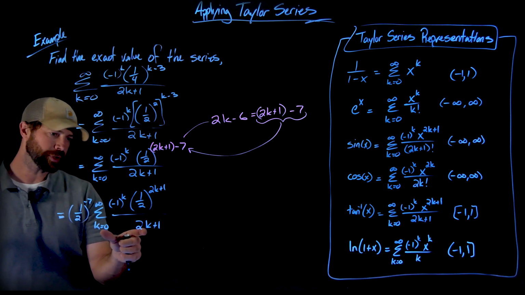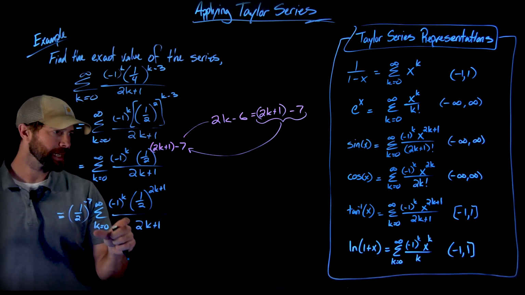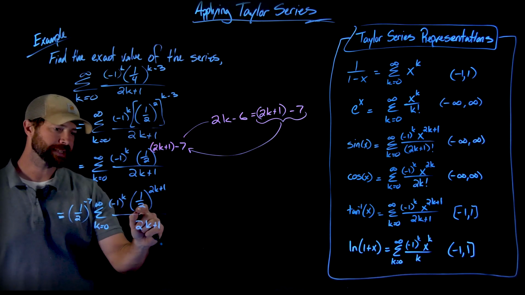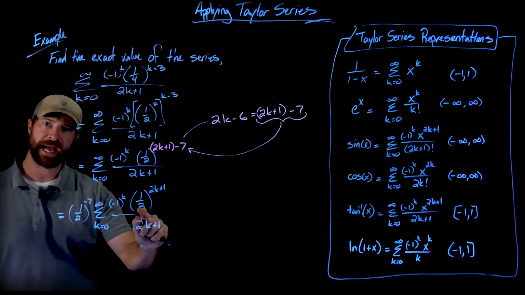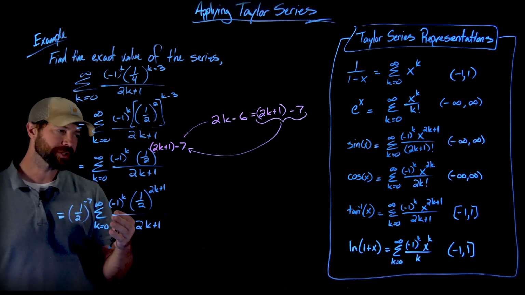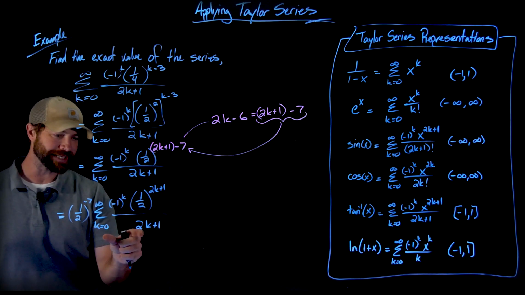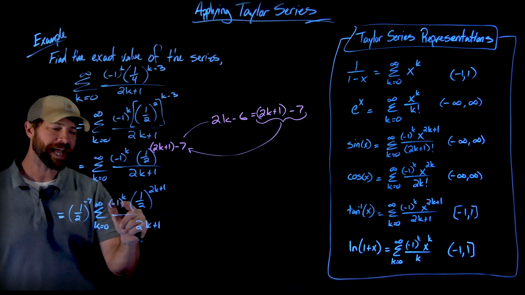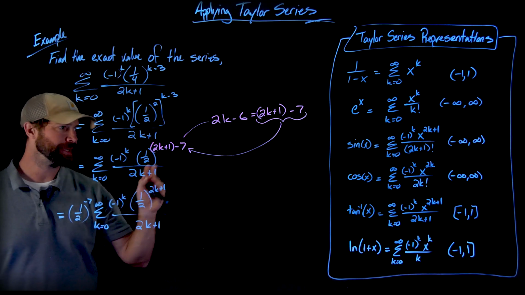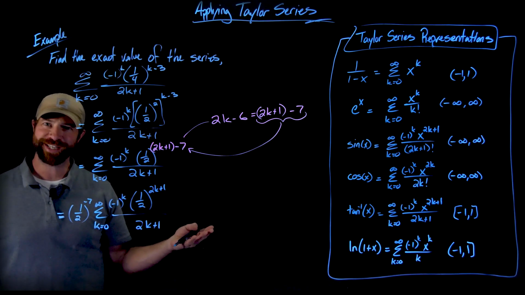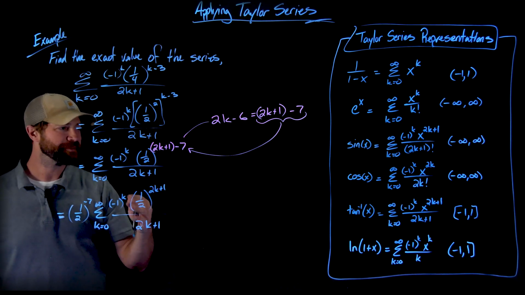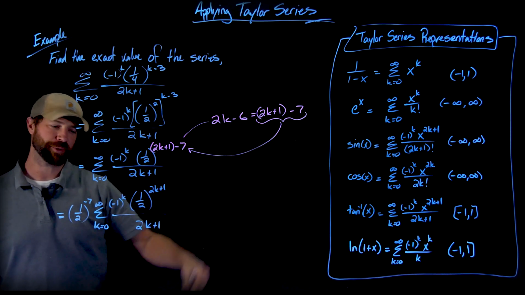Now importantly, I'm looking at this. This is now set up exactly like the tangent inverse. The difference is I've plugged in this 1/2 for the x, and actually then I can re-represent this with tangent inverse of 1/2, as long as this value of 1/2 is on the interval of convergence, which it is, thank God. This problem would have blown up in my face if it wasn't. So 1/2 lies on the interval from negative 1 to 1.